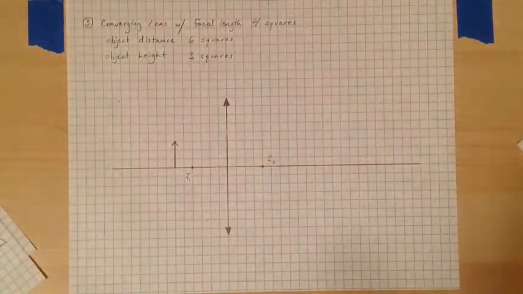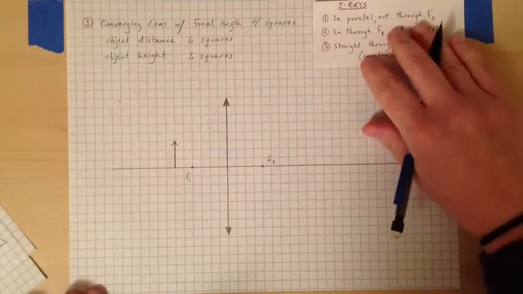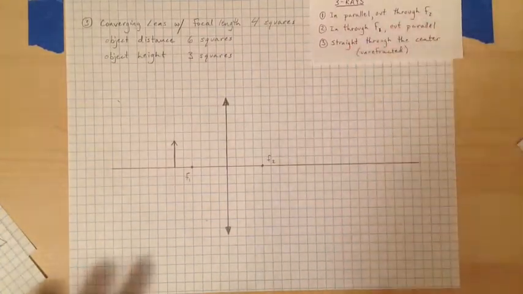Okay, let's watch one more get drawn. So, my three rays. First one in parallel and out through F2.